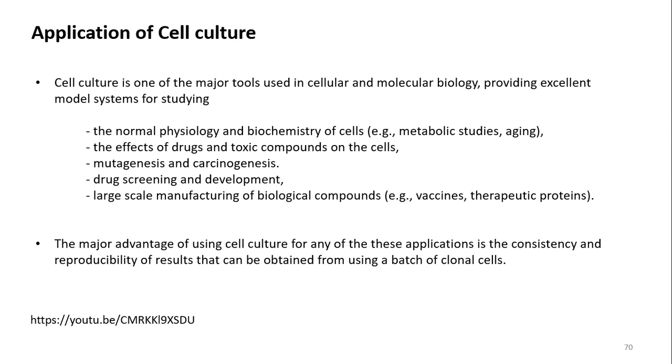Carcinogenesis: there are hundreds of cancer cell lines that have been used all over the world for research to understand specific cancer types. You can use a lung cancer cell line to understand the signaling mechanism in that lung cancer cell. You can use a prostate cancer cell line to understand the signaling or molecular function there.